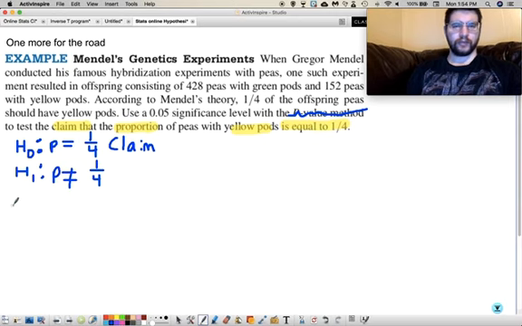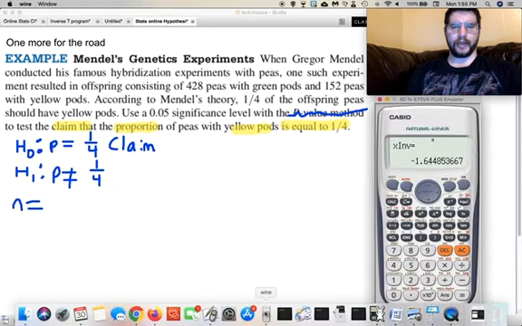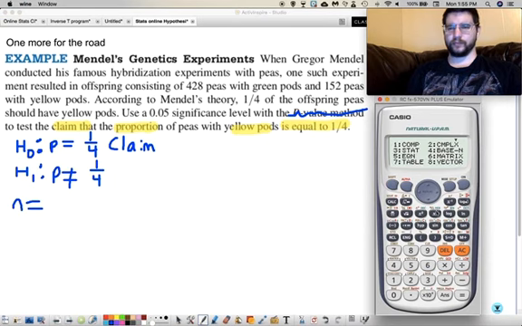So now let's write down our info. N is, doesn't say, does it? You gotta add. Well, 428 were green and 152 were yellow. That makes 580 peas.